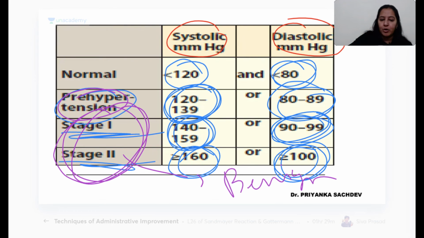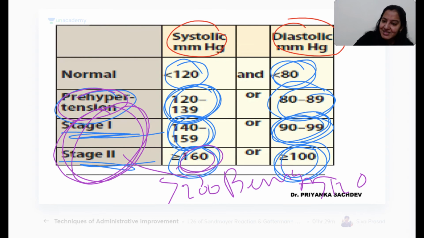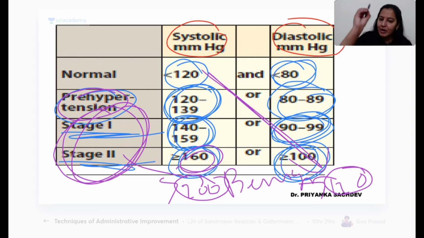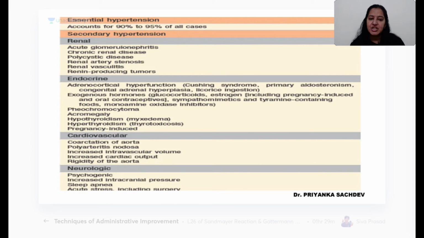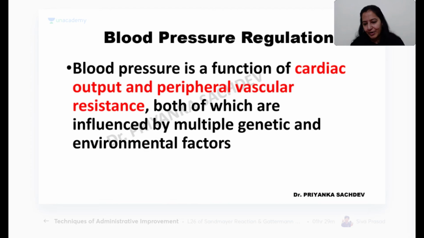You can add it in this table only. Systolic more than 160 is stage 2; more than 200 is malignant. Diastolic more than 120 is malignant. 120 is a normal systolic, but if the diastolic reaches it, it is malignant. So learn this: what is benign hypertension, and what is malignant hypertension.